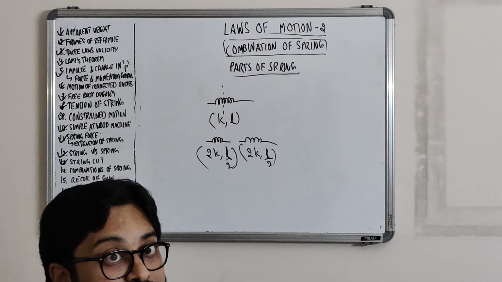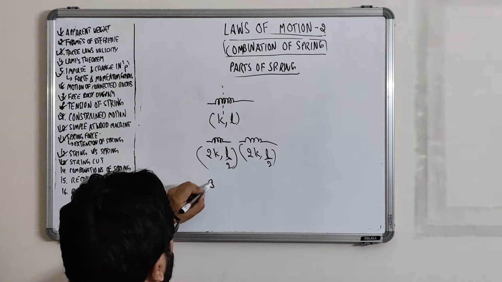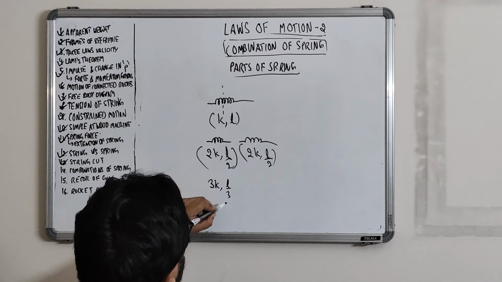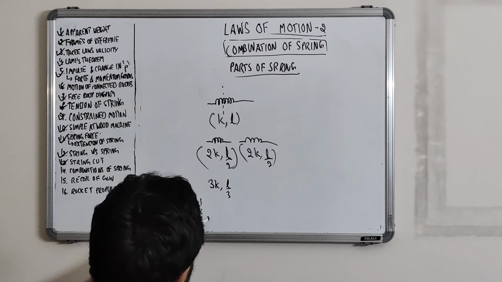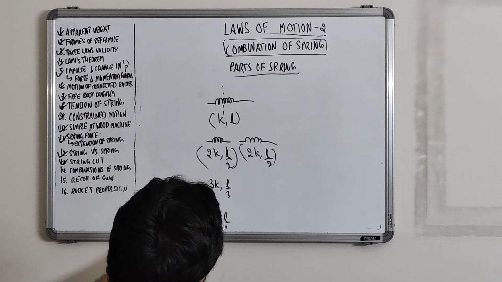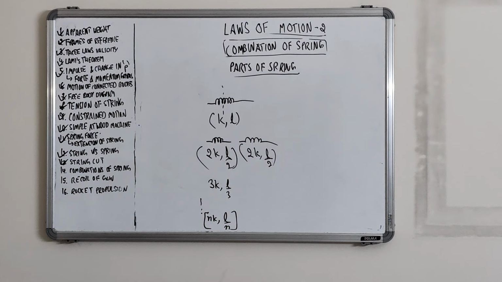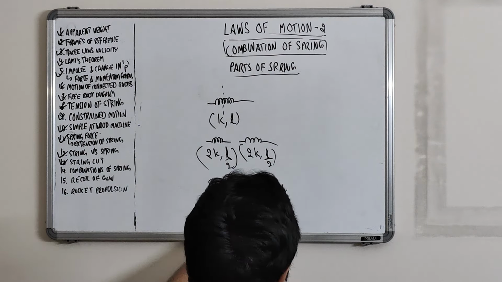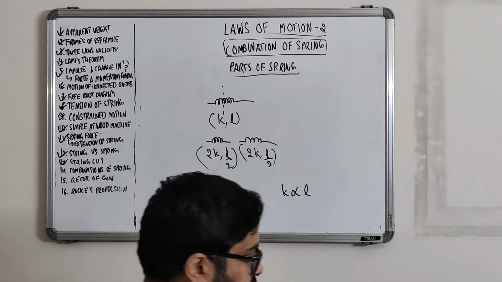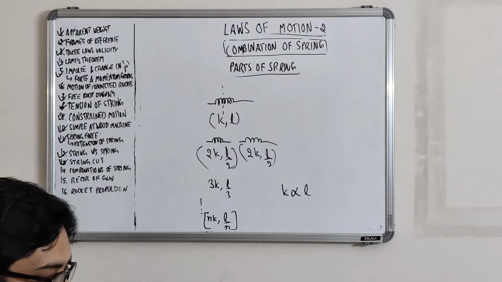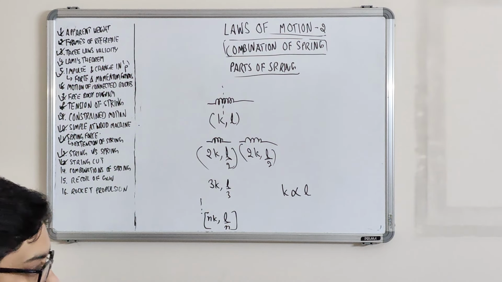If it were 3 parts, then K would become 3K and so on. So NK, L by N, if equal parts. So you can say K is inversely proportional to L.